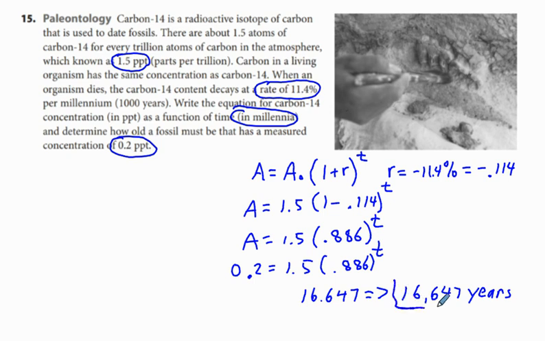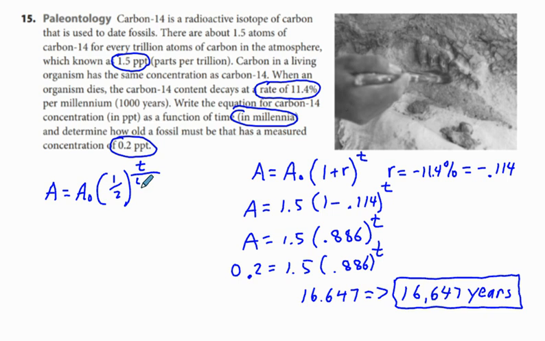Now, I happen to know that for carbon-14, the half-life formula is this: the amount is equal to A sub 0 times 1/2 to the power of t divided by 5,730 years. So that would be a regular looking half-life formula.